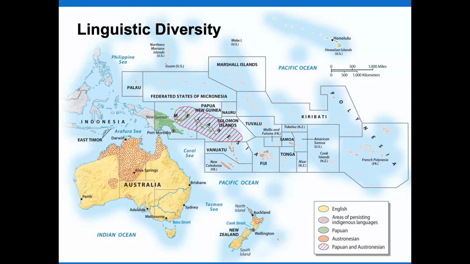From a linguistic diversity standpoint, well, English is spoken, frankly, just about everywhere in the region. English is sort of like a universal language now. It's spoken in Japan, it's spoken in China, it's spoken in many places, even if it isn't the primary language of the region.